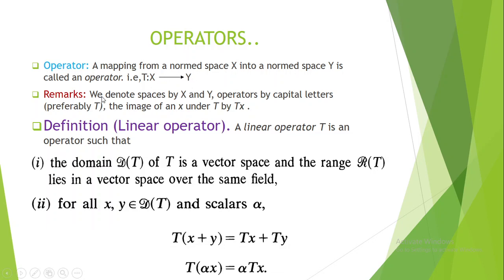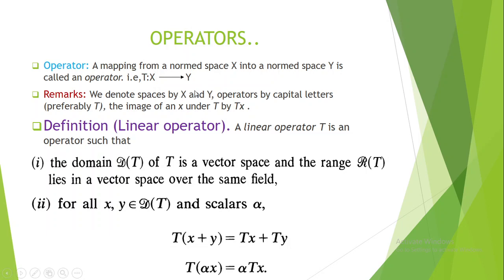Now we have some remarks. We denote spaces by X and Y, and operators by a capital letter, preferably capital T. As we saw earlier, we defined metric spaces by capital X. Now here we denote X for norm spaces.